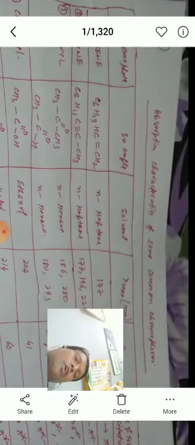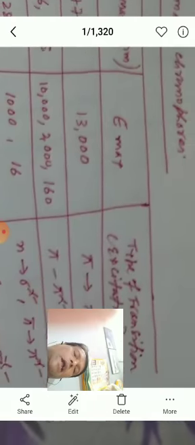In this we will see the absorption characteristics of some common chromophores. In the tabular form we can see this is the chromophore, this is the example, this is the solvent, this is the lambda max value, this is the epsilon max value, and types of transition excitation.